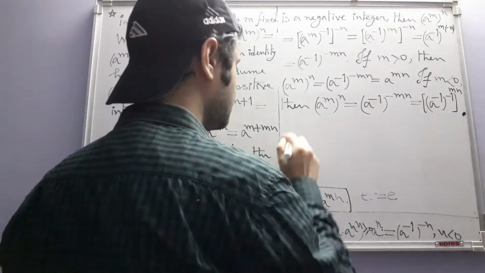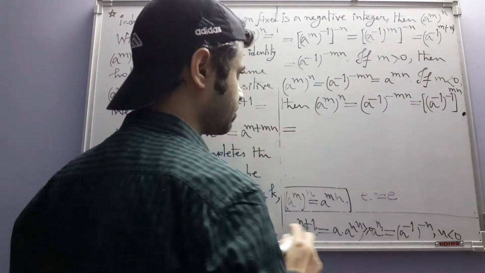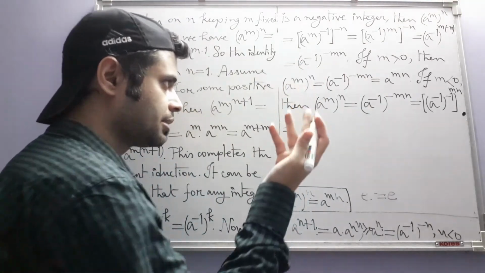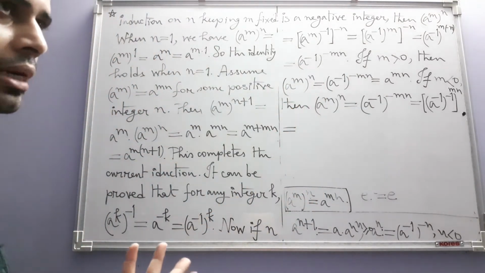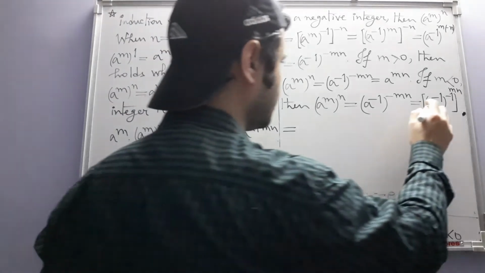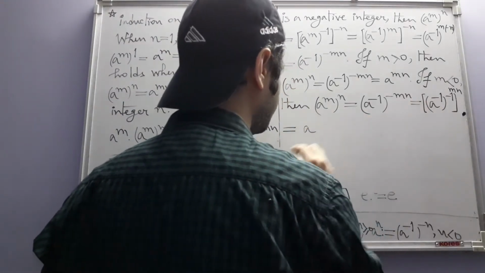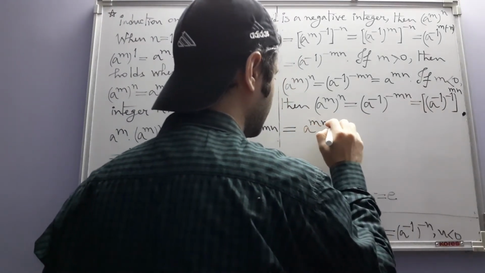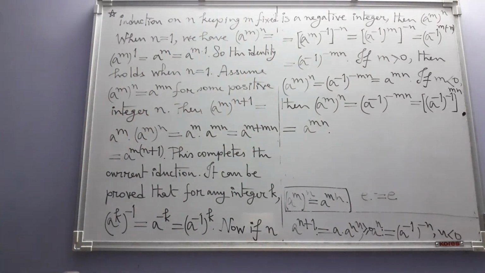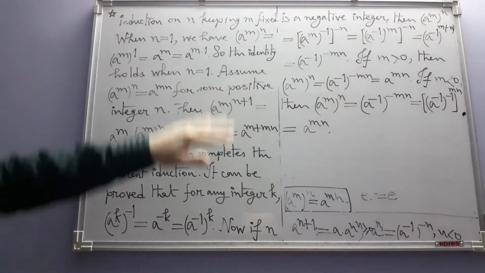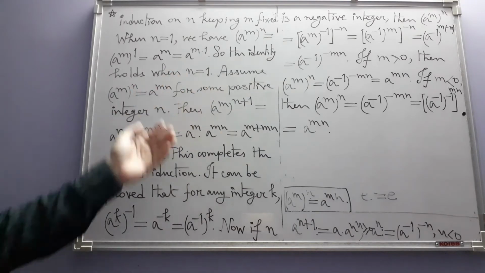Now A inverse, according to our previous elementary result, I think lemma 231 or something like that, is equal to A. So A to the power mn. So this completes the thing in its entirety.